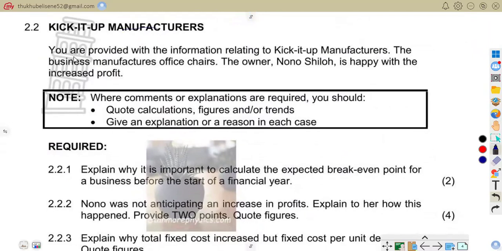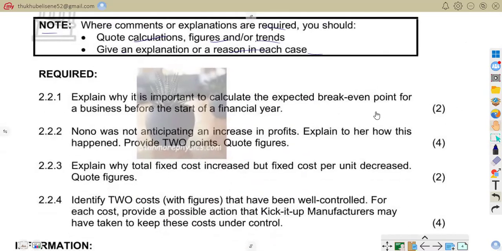It says you are provided with the information relating to Kick It Up Manufacturers. The business manufactures office chairs. The owner, Nono Shilo, is happy with the increased profit. Note, where comments or explanations are required, you should quote calculations, figures, or trends. Give an explanation or reason in each case.